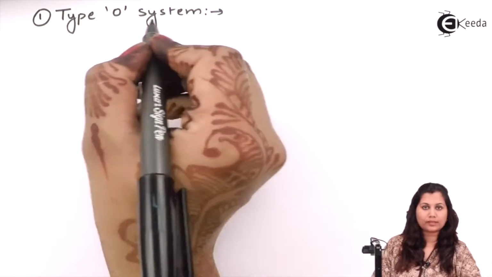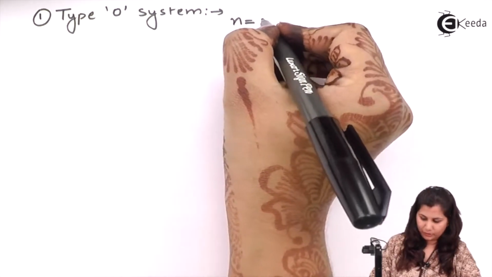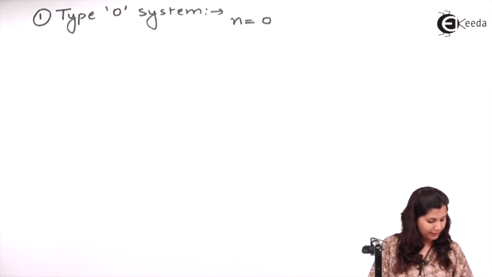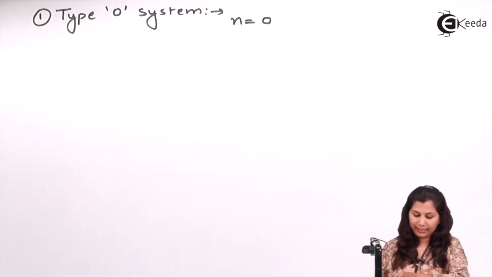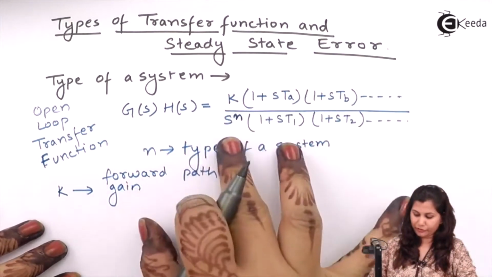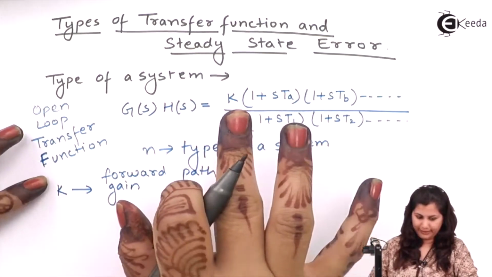So for type 0 system, the value of n is equal to 0. So in this equation which we have written, the open loop transfer function, put n equals to 0 here.